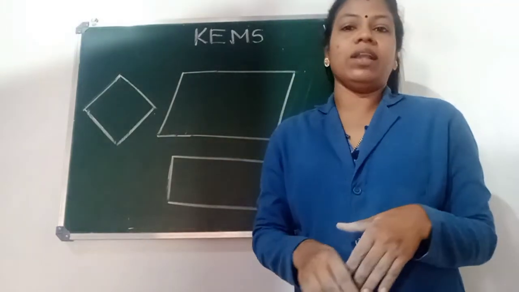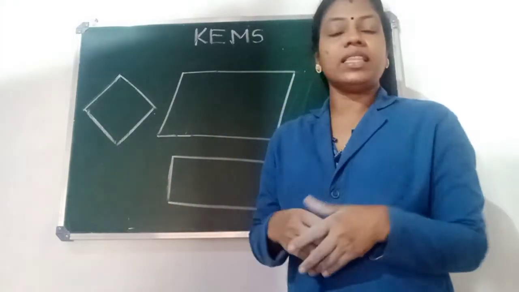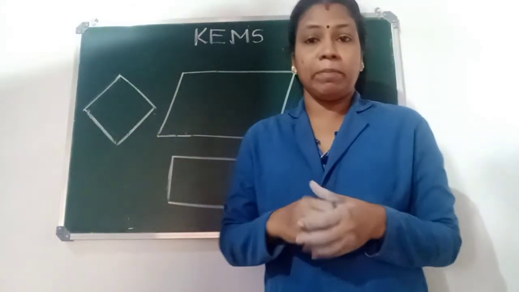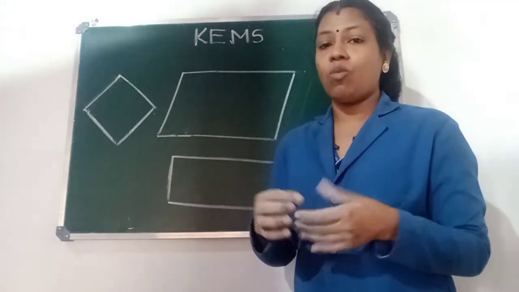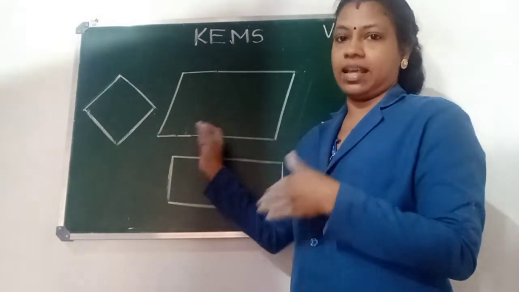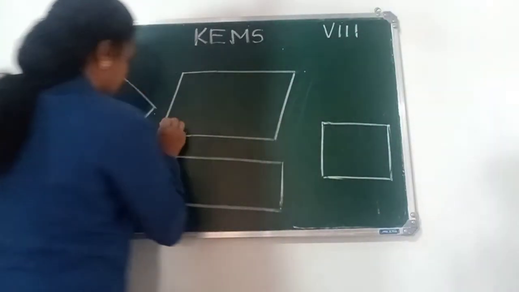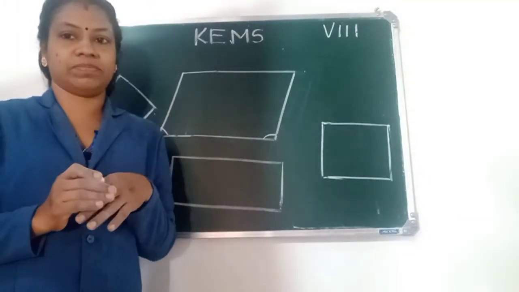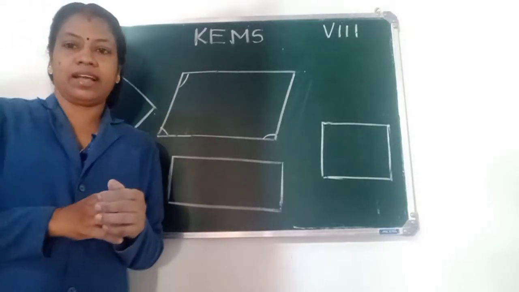Opposite sides are equal in length and opposite angles are equal in measure. Then the third property: the adjacent angles of a parallelogram are supplementary. Supplementary means 180 degrees. The adjacent, meaning nearest, angles are supplementary. So these two angles are two adjacent angles, or these two are another pair of adjacent angles.